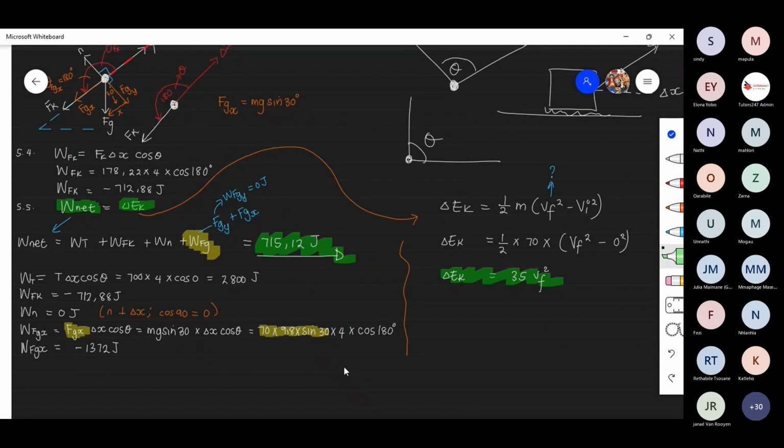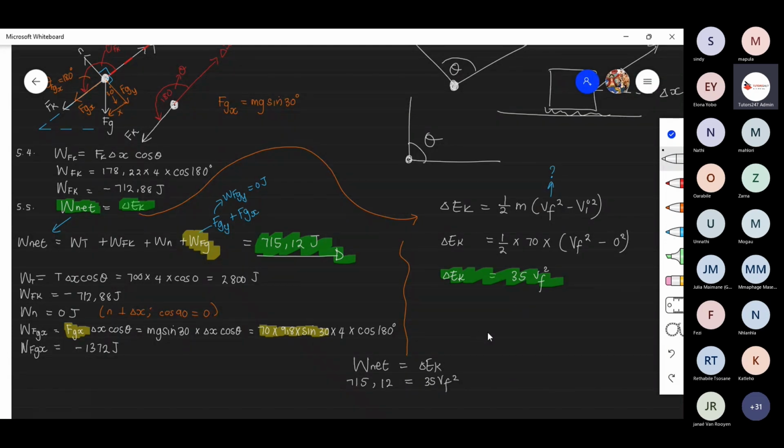So our formula is net work is equal to change in kinetic energy. We've calculated our net work as 715.12 joules, and we've calculated our change in kinetic energy as 35 Vf squared.